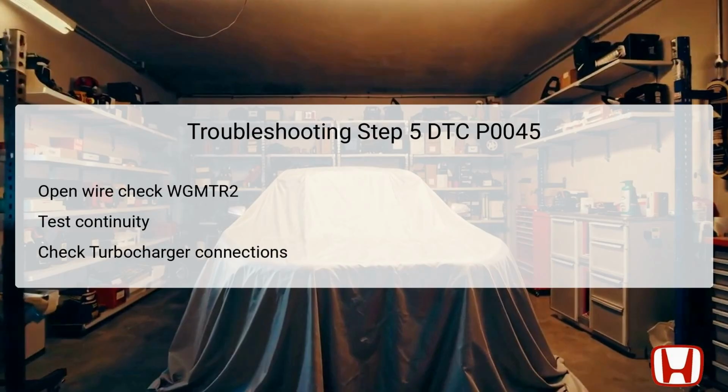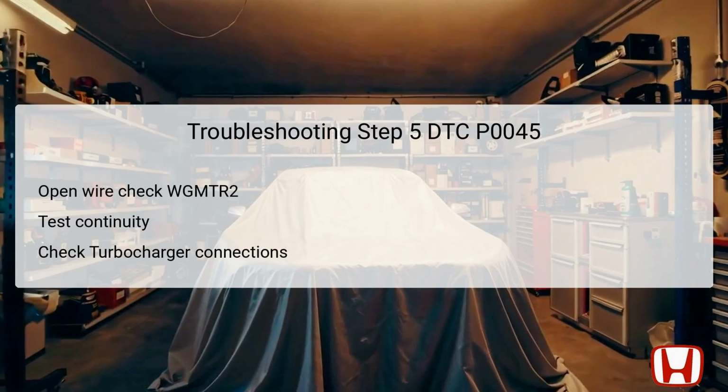As we advance to the fifth troubleshooting step for DTC P0045, we will execute an open wire check for the WG-MTR2 negative line. Similar to previous steps, ensure the vehicle remains in the off mode with the Turbocharger 5P and PCM E80P connectors disconnected.